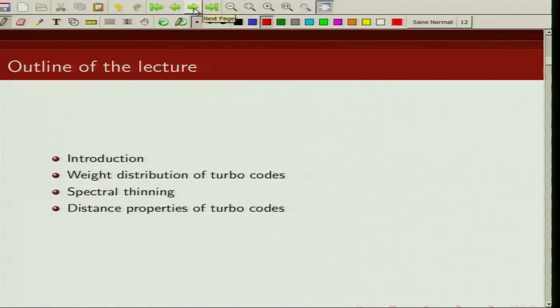So this is the outline of today's talk. We'll first give an example of a weight distribution of a convolutional code, and we will compare it with a weight distribution of a concatenated code, and we will see what effect the interleaver has on the weight distribution of the concatenated code.